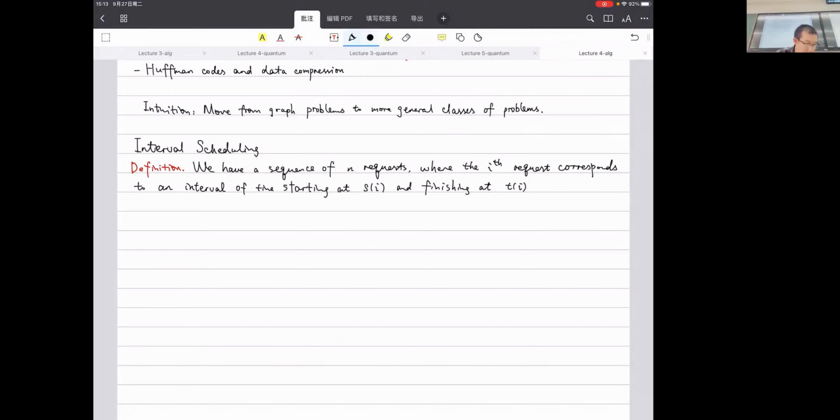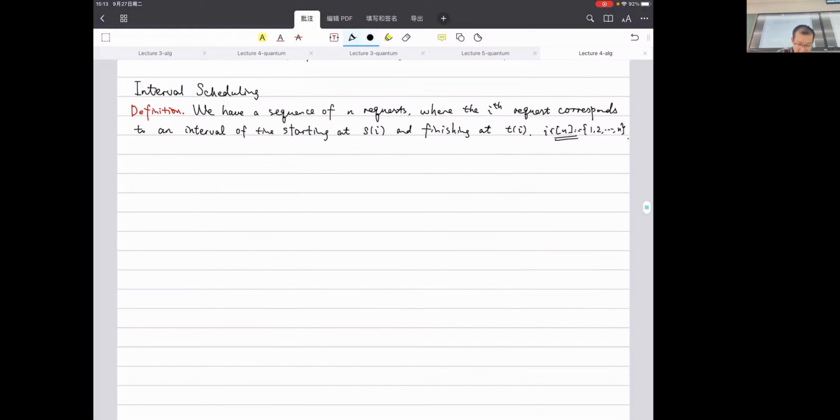So we use s_i and t_i to represent the starting and ending time of the event. Here, all the i are taken from [n]. In this course, we write this notation as an abbreviation of all the integers from 1 to n. If there is no confusion, we just write a bracket with n to represent all the integers from 1 to n.